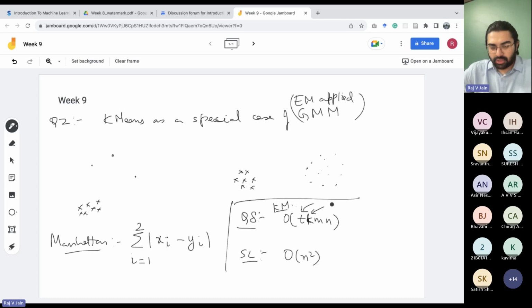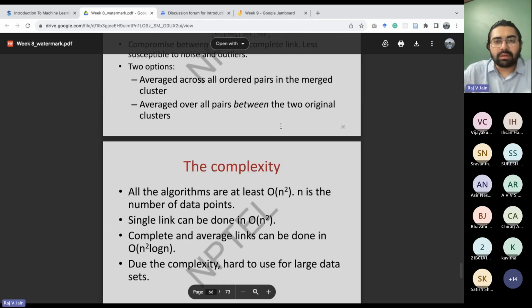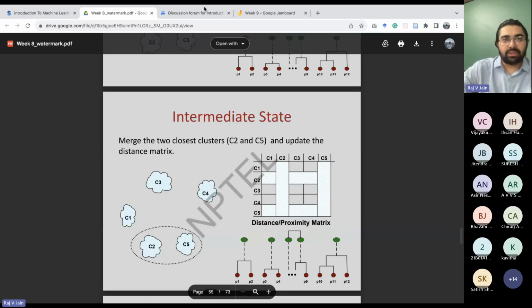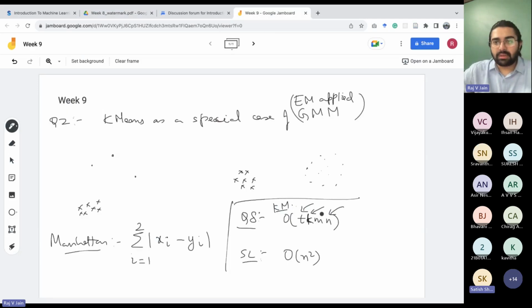K is the number of clusters that you have. N is the number of data points, and M is the number of features for each data point. Whether it's M or N doesn't matter. One is the number of features, one is the number of objects.